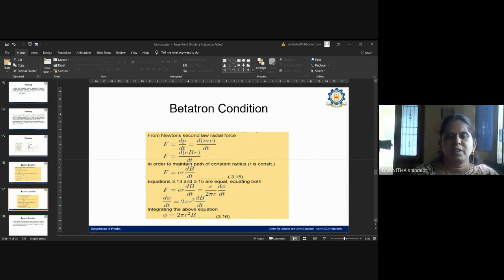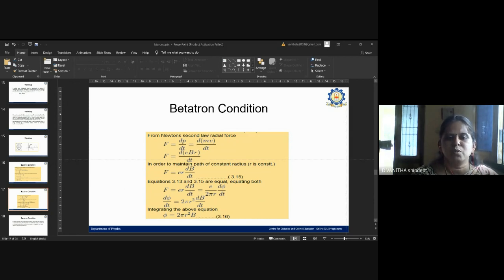From this, we can calculate the work done on an electron for one revolution. Here the work done has to be calculated, and by using the Lorentz force a work done is produced. We have to equate these two. We get the force, and from this we can calculate the flux.